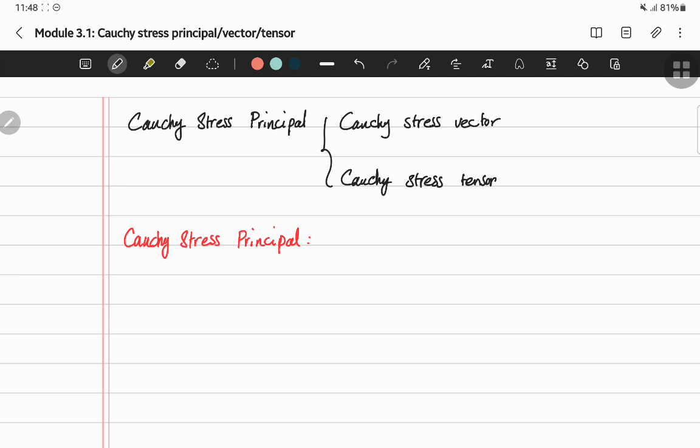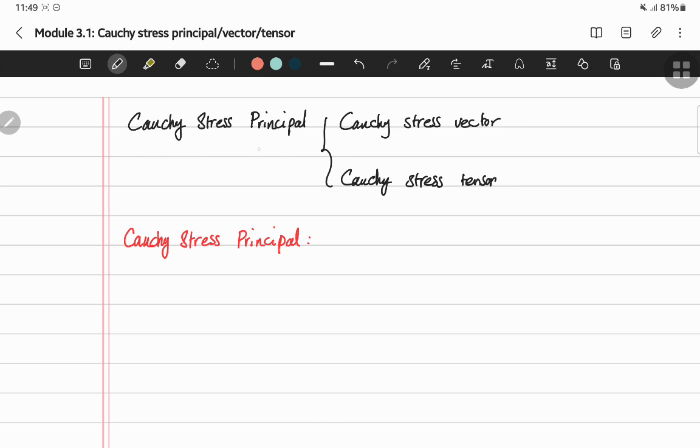So we will discuss different types of stress tensors, as well as stress power, equation of motion, principal equations, and several other concepts.